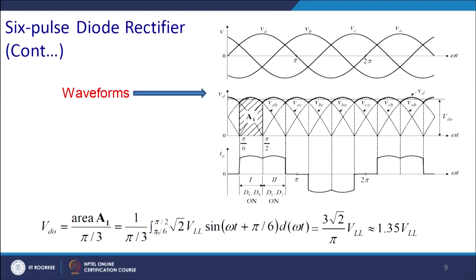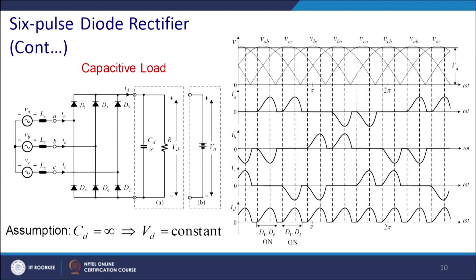So, integral from pi/6 to pi/2 of root 2 VLL sin(omega t plus pi/6) d omega t. So, it is 3 root 2 by pi VLL, that is the average DC voltage, which comes out to be 1.35 times the line to line voltage. That is something you need to keep in mind while using a 3 phase 6 pulse converter.